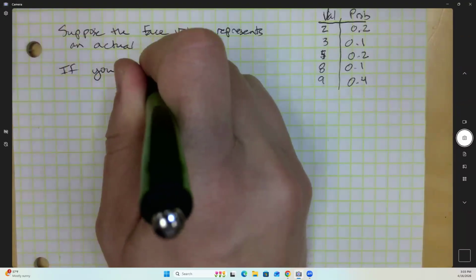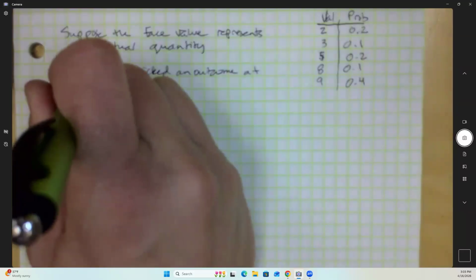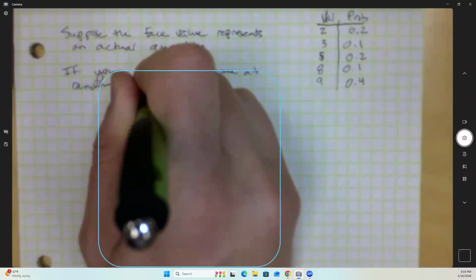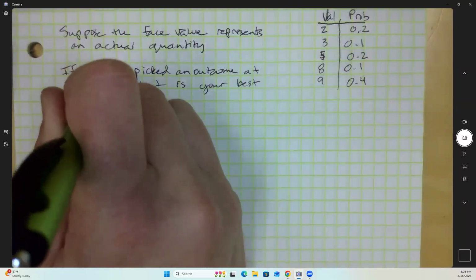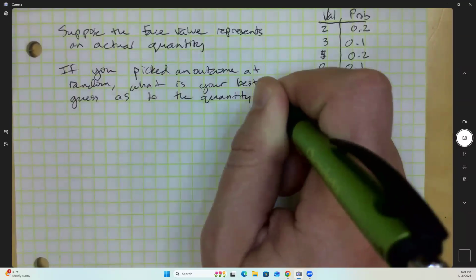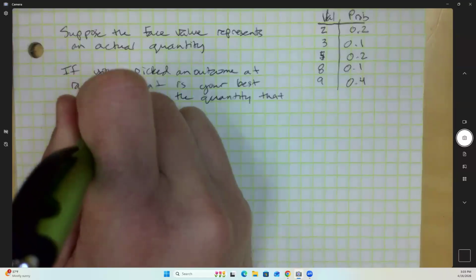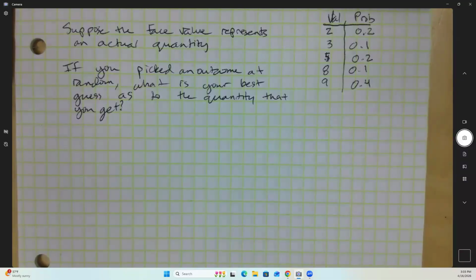If you picked an outcome at random, what is your best guess as to the quantity that you get? Pause the video. I want you to talk about this with your neighbor. There's a couple of reasonable answers. There's one that we're going to pursue more in depth. Talk about it with your neighbor. Decide what's your best guess as to the quantity that you would get.